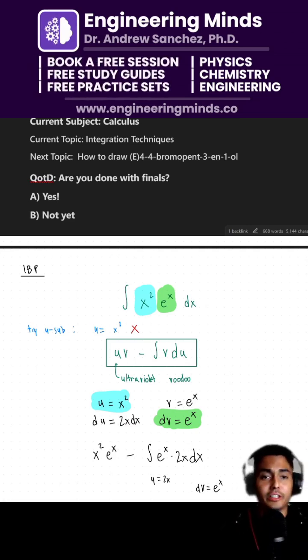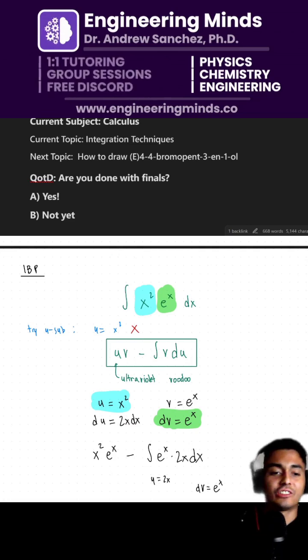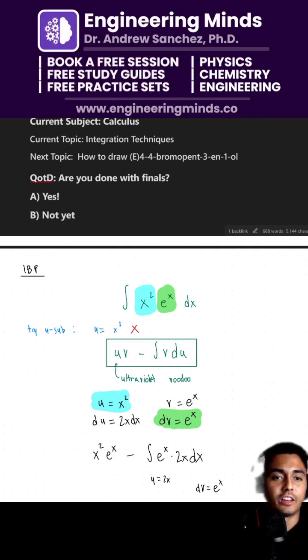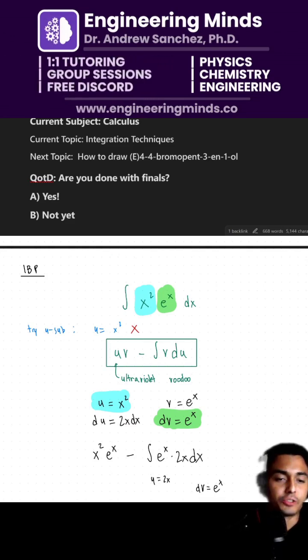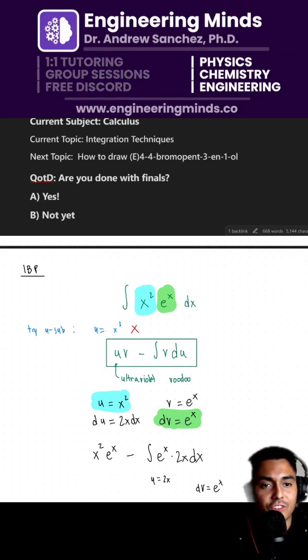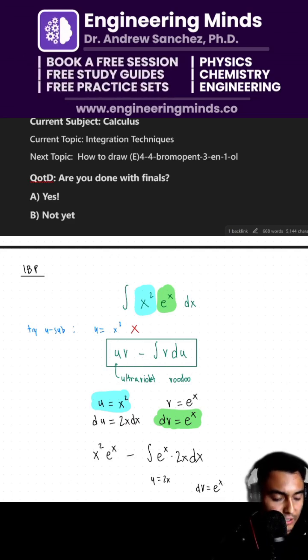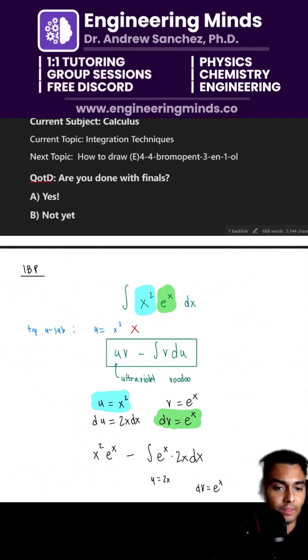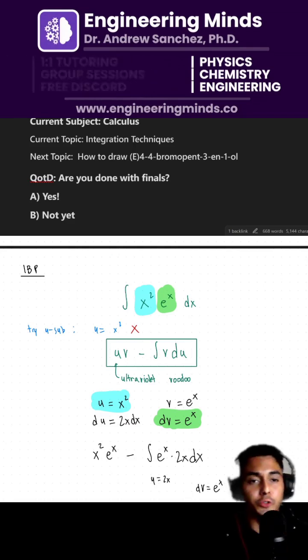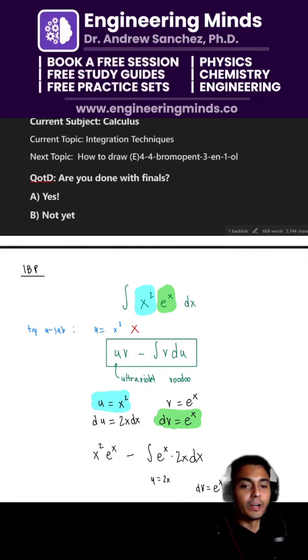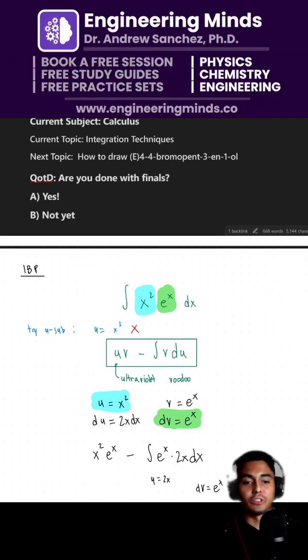So you select a u that is easily differentiable and a dv that is not terrible to integrate. In this case, we had the integral of x squared times e to the x dx, so u was x squared and dv was e to the x. Ultraviolet voodoo is the way to memorize uv minus integral v du.